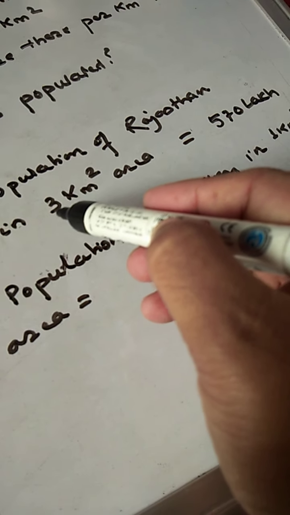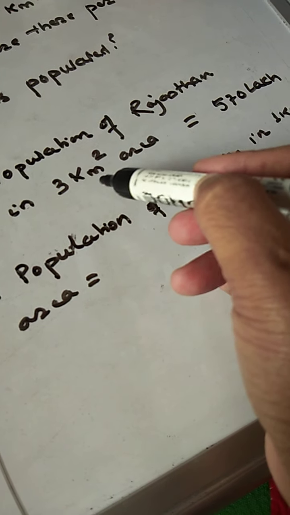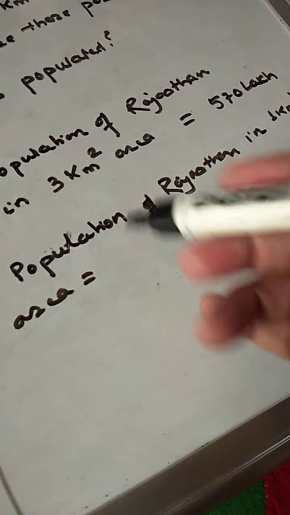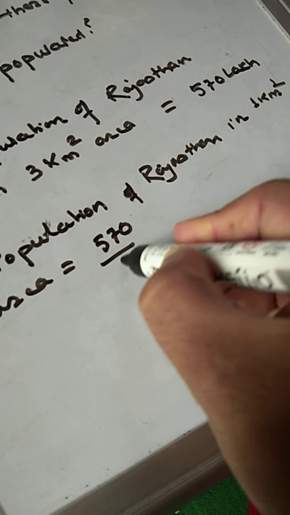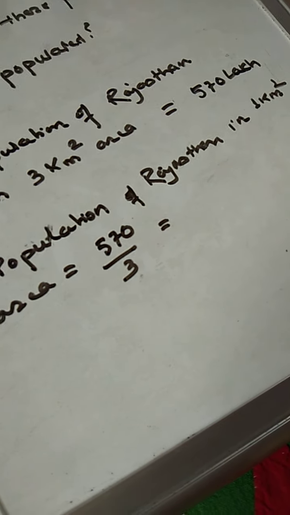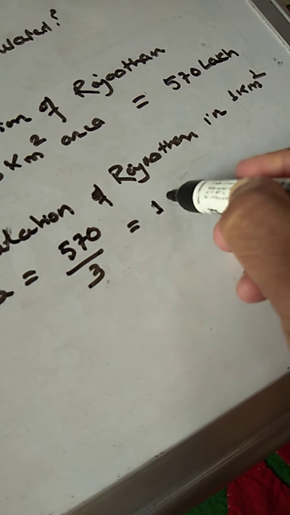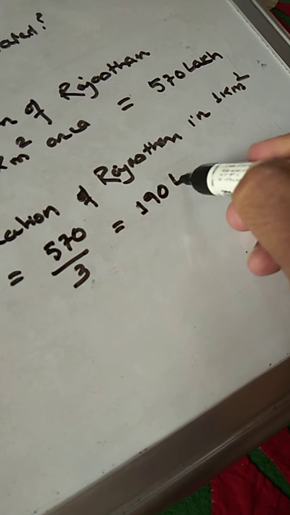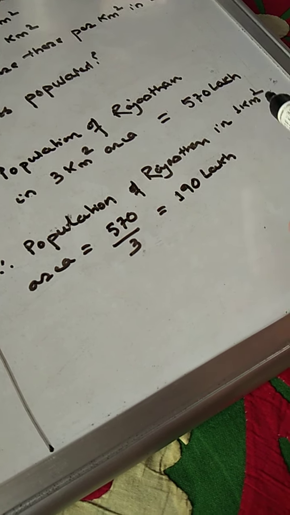Less, obviously, because in 3 kilometer square area this much population is there. So in 1 kilometer square area, obviously a little less population would be there. So 570 by 3. Now if you reduce this, your answer will come as 190 lakh. Now we have the data of the population of Rajasthan in 1 kilometer square.